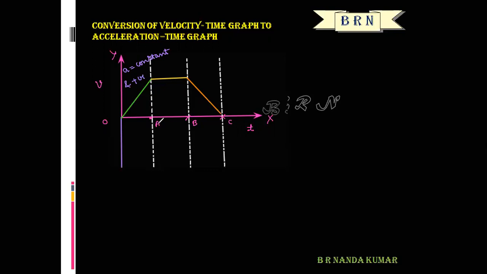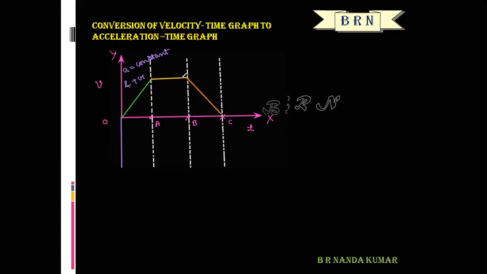Now in the time interval from A to B, what is the nature of motion of the particle? Here from A to B, the particle is moving with a constant velocity, uniform velocity, is it not?